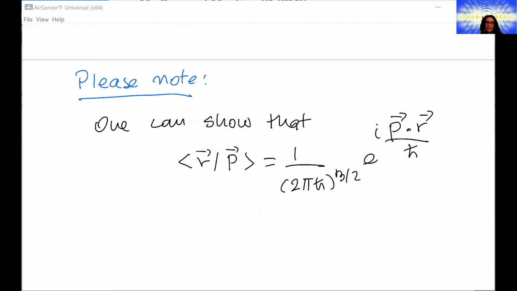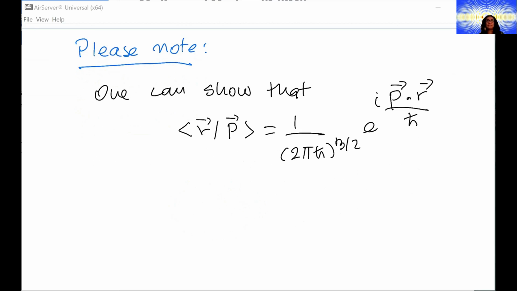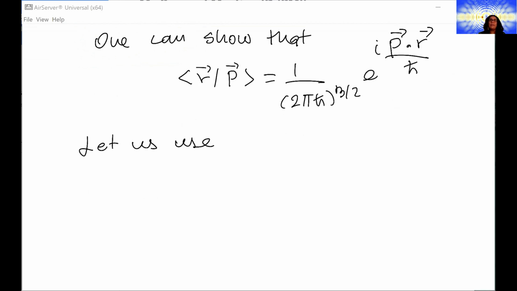And how do you prove that? One straightforward way of doing this: let's use the fact that r and r' are orthonormal, which means that you can write this delta function like this.